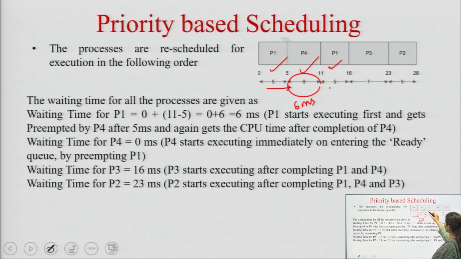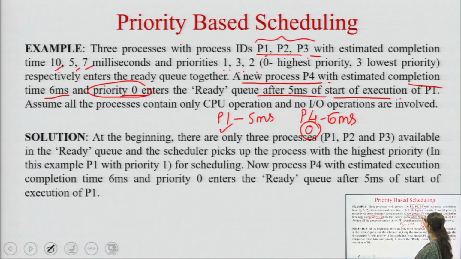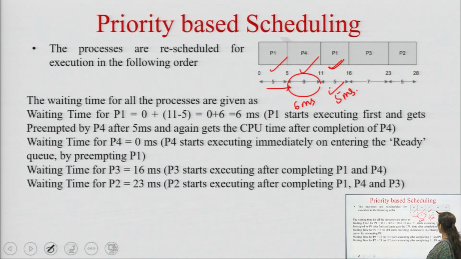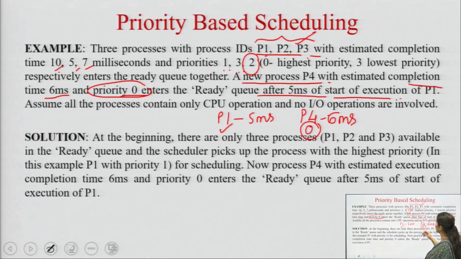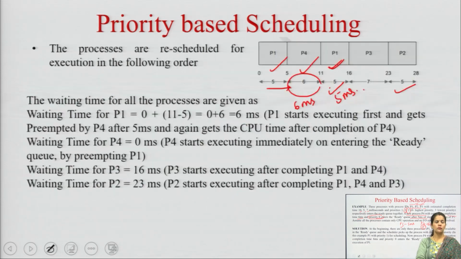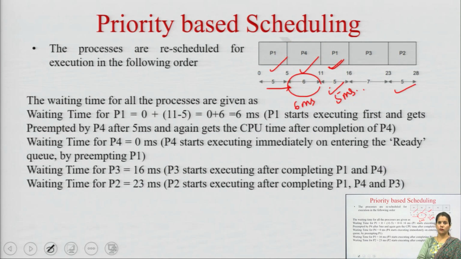As and when P1 is completed after 5 milliseconds, then P3 is given the chance because in the priority order, it is the next task to be completed. After execution of P3, lastly P2 is given the chance because P2 has the lowest priority, that is priority 3. So, in this way all the 3 tasks are completed.